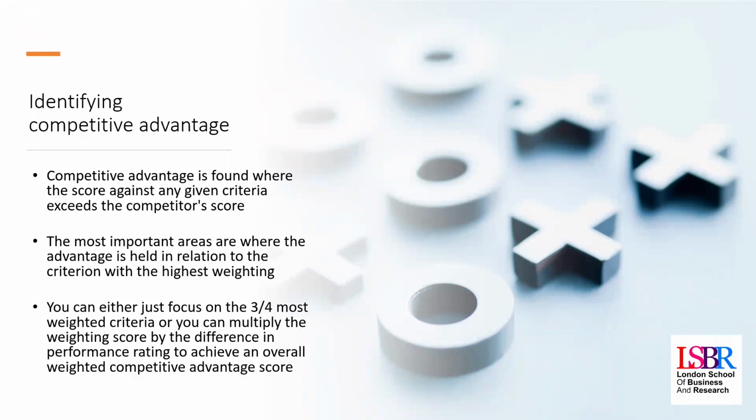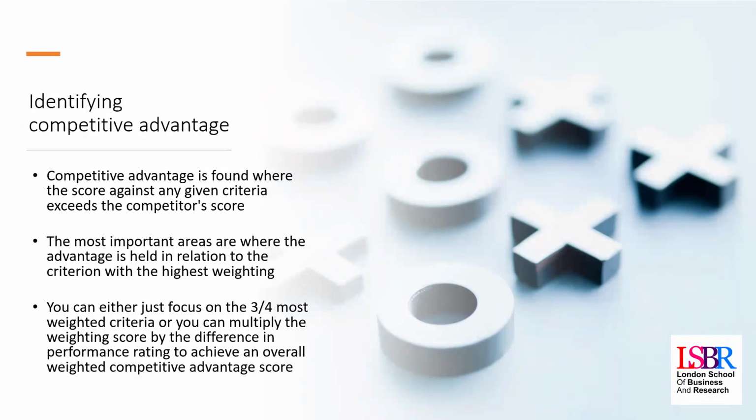It might just mean that, yes, you're doing better than everyone else, but it's not that important because the market doesn't really care about that component. They care more about price, they care more about costs, they care more about customer service or other areas. Okay, so you want to identify ideally competitive advantage in an area that has the highest weighting, the area that's valued the most by your customers.